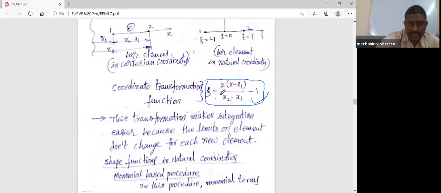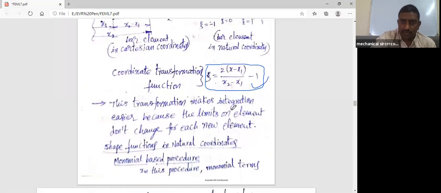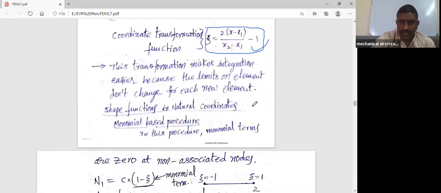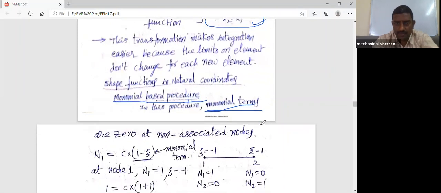Using this transformation function to derive the shape function is a little bit difficult. So instead of that, I am introducing a procedure, the monomial procedure. In this monomial based procedure, it is very simple to find the shape functions in natural coordinates. In this procedure, we consider the monomial terms. The monomial terms are zero at non-associated nodes.